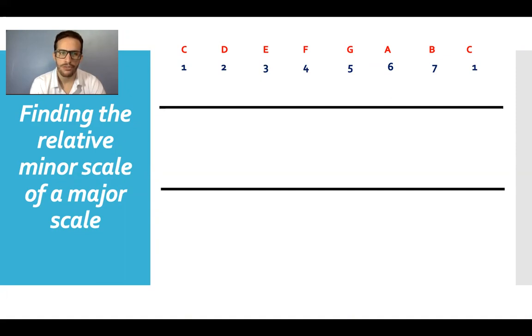To find the relative minor, we simply count from the first note: 1, 2, 3, 4, 5, 6. That's A. So that means we're going to write the same notes of the C major scale, but beginning from A to A. So we have A, B, C, D, E, F, G, A. It's the same notes of the C major scale, because there are no sharps and no flats, we just played them from A to A, and that is the relative minor scale of C major.